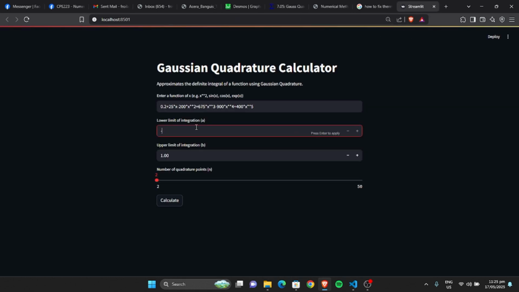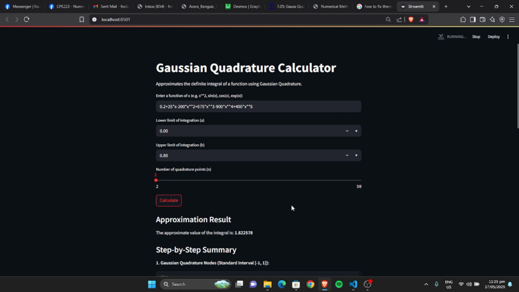So A is 0 and B is 0.8 using 2 points. So we have to use 2. Then after we use calculate, we were given the approximation, which is 1.822578.